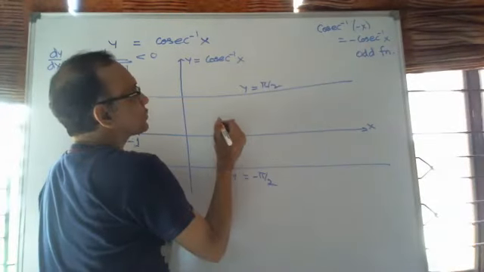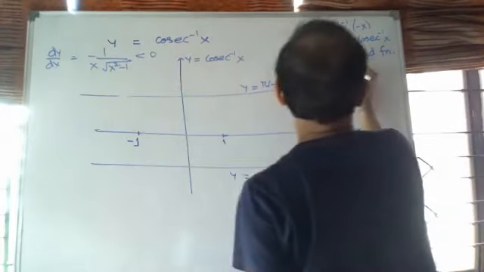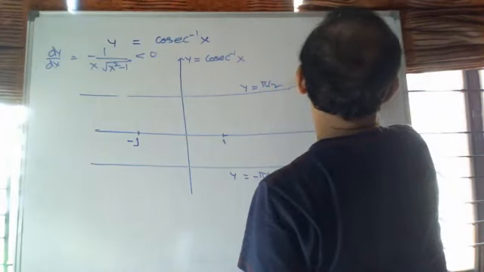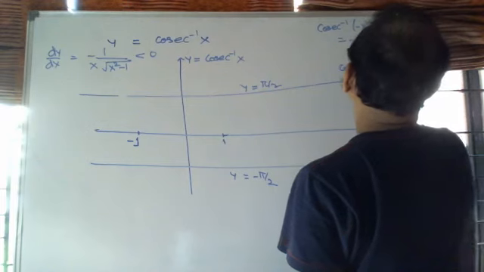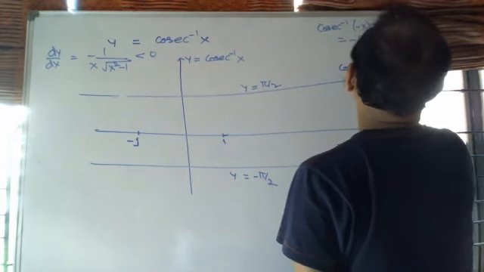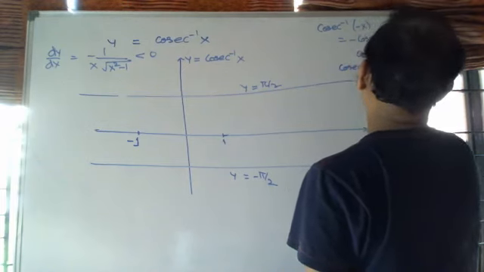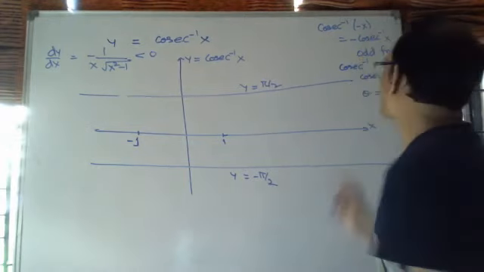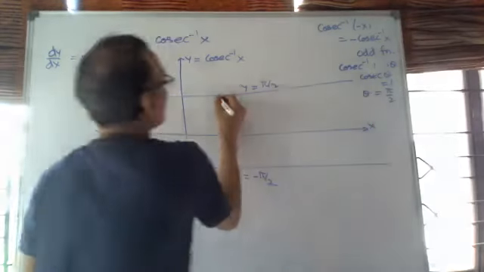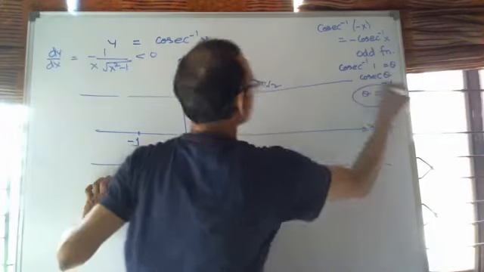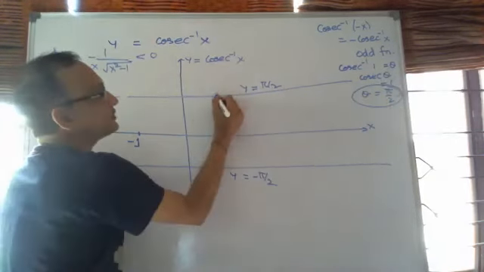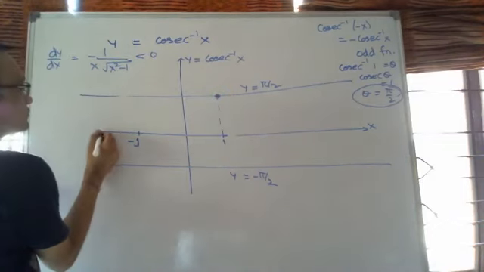Now look, what will cosec inverse 1 be? Cosec inverse 1 is theta, where cosec theta is 1. When will this happen? Theta equal to 90 degrees, right? That means when x is 1, y is π/2. This is a point on the graph of the function.